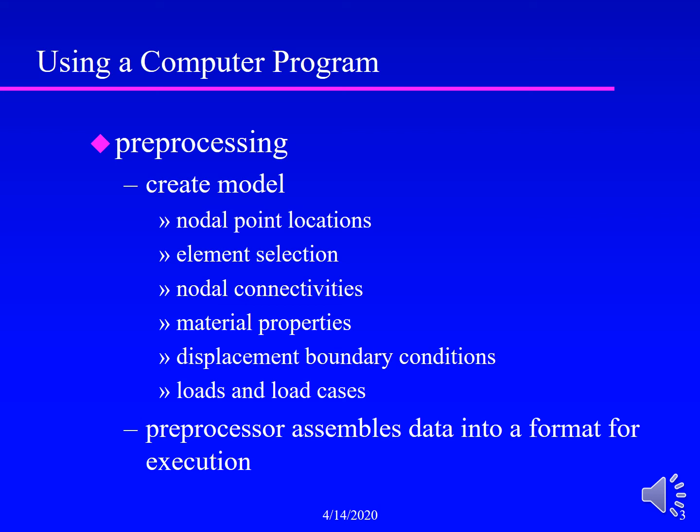Then material properties of elements are given as input, then displacement boundary conditions are given as input, and loads and load cases are also given as input. Then the preprocessor assembles data into a format for execution.